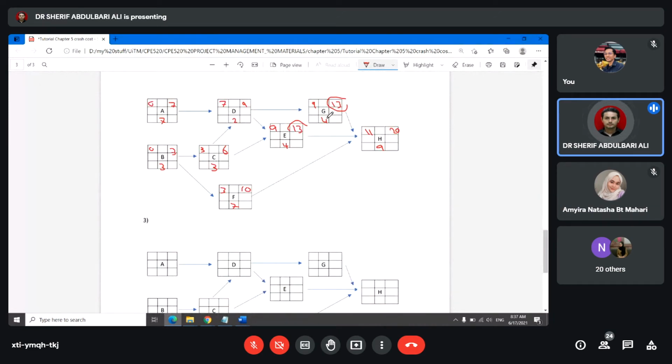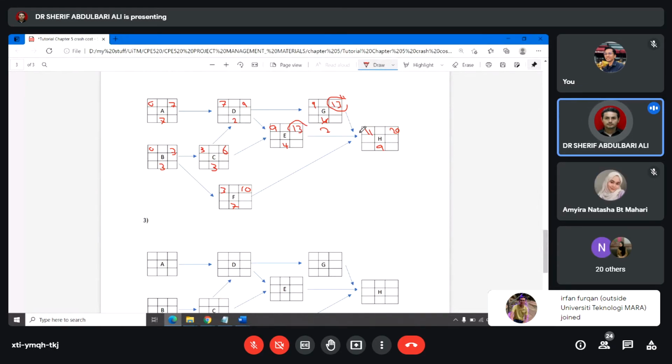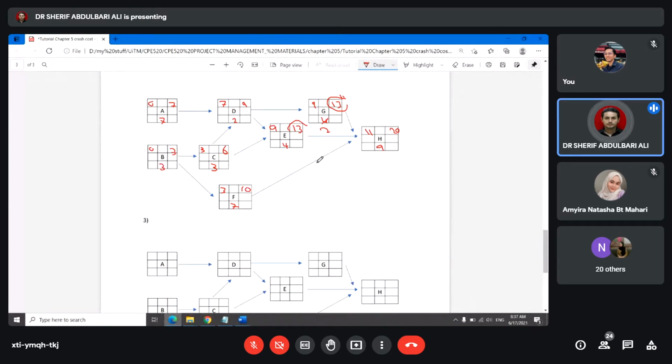If I crash activity G in here, of course here I'm going to get 11. Okay, but here I cannot crash it. Why? Because activity H also depends on activity E. So it will take the highest one coming in to activity G. So what we need to choose in here, maybe I'm going to choose to crash activity A.